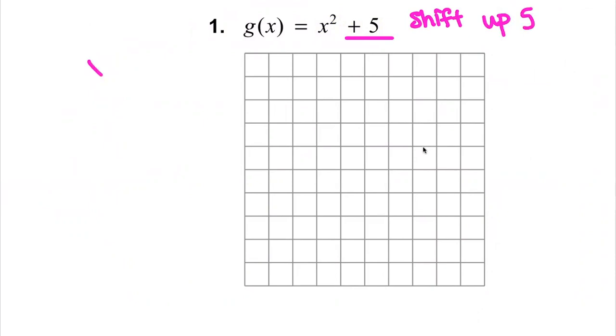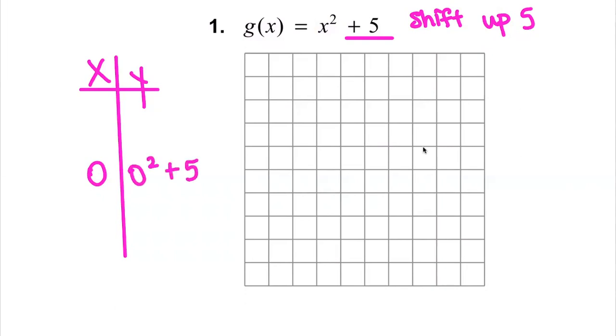So what we're going to notice when we make our XY chart, when we plug in 0, remember, I like you to start at 0. This is where our vertex is going to be. Instead of getting 0 as our y coordinate, when we plug in 0 to x squared plus 5, we are going to get 5. If we were to plug 1 in to x squared plus 5, we're going to get 6.